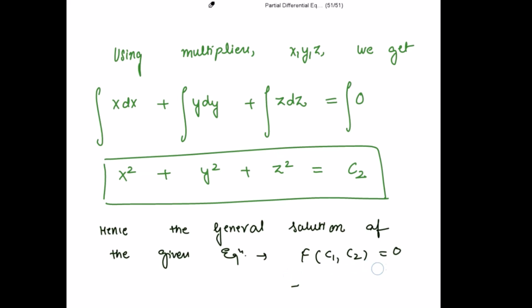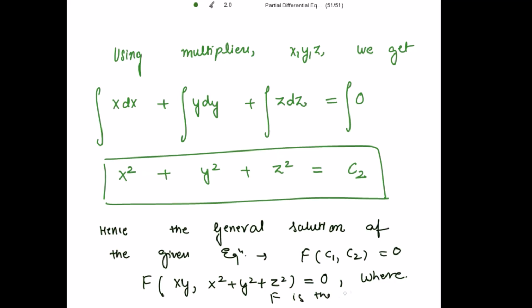So writing here, f of, what is c1? It is xy, comma, what is c2? It is x square plus y square plus z square, and is equal to 0, where f is the arbitrary function.